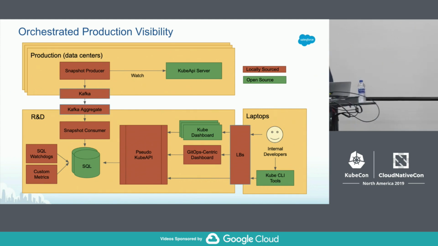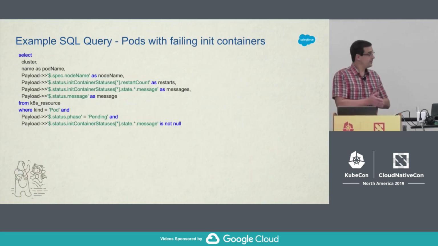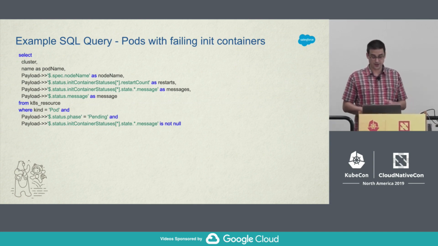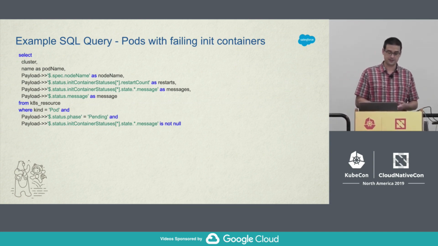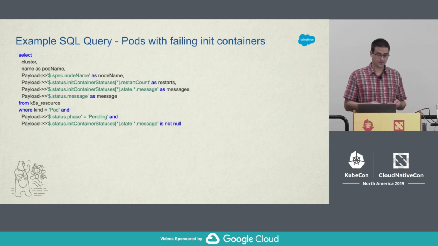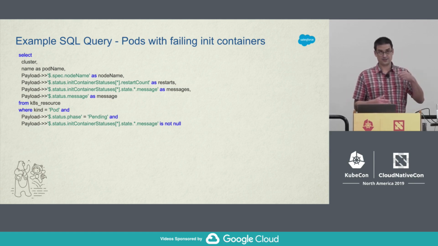Thank you, Xiao. So when we built this system, we quickly found that just querying the raw SQL was incredibly powerful for a lot of scenarios. Let me give a quick example. Let's say an alert goes off, and I investigate, and I find that the root cause is a pod with an init container that's in a crash loop, and it's just failing to come up.